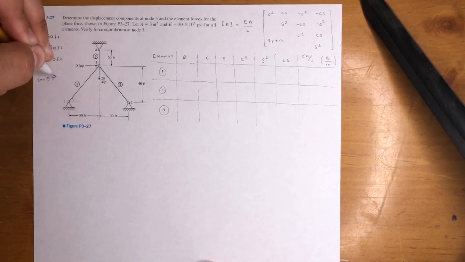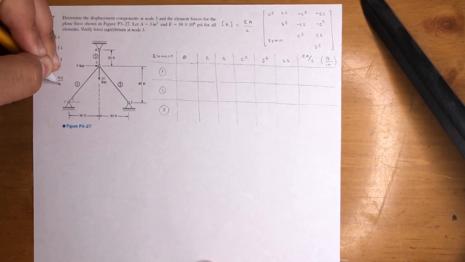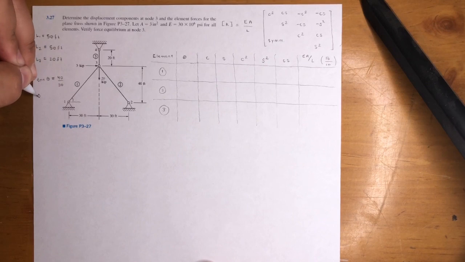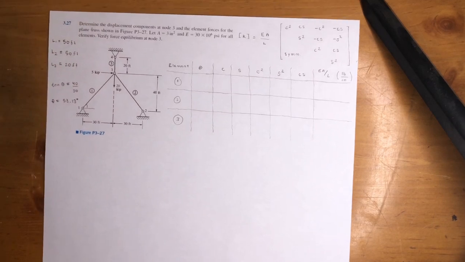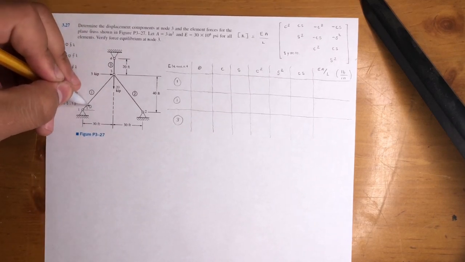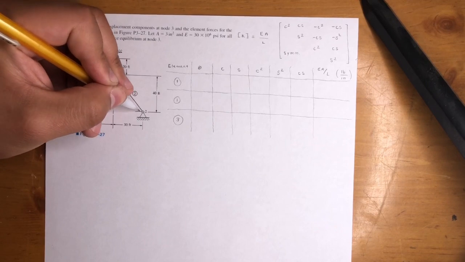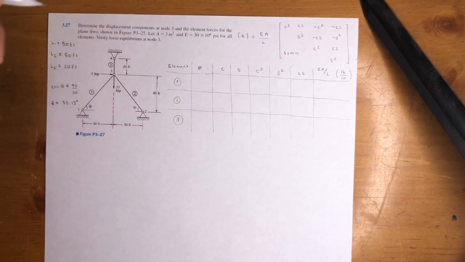So tan theta is equal to opposite, which is 40, over adjacent, 30, and then theta is going to be 53.13 degrees. All right, so that's this angle right here, and similarly, it's also this angle.